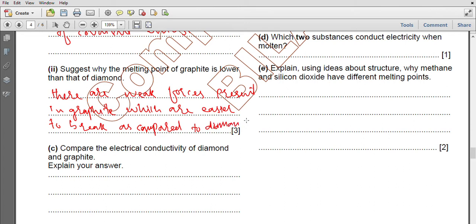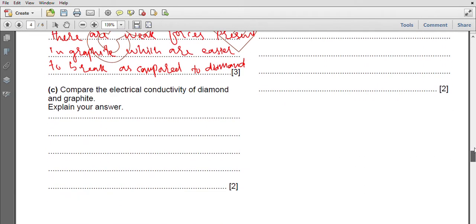That is why the melting point of diamond is slightly higher than graphite.